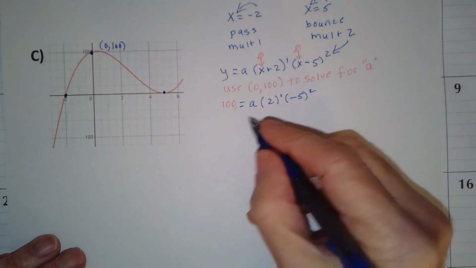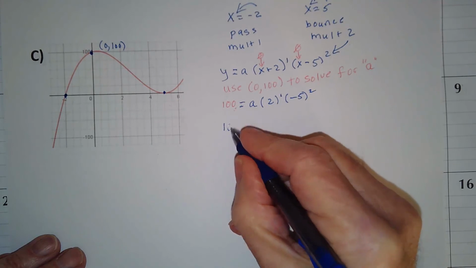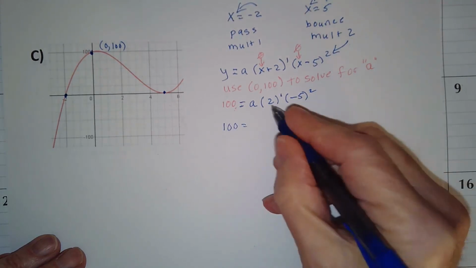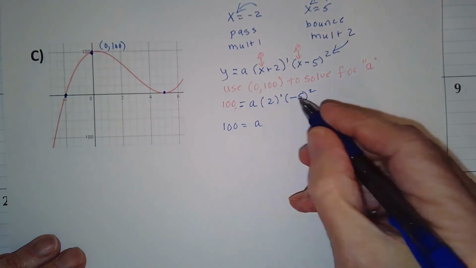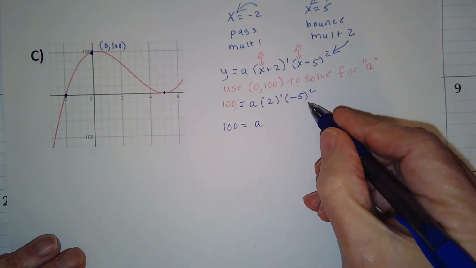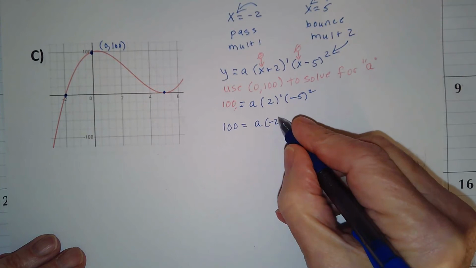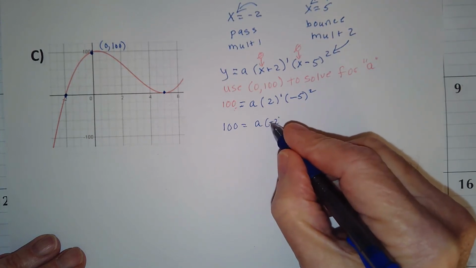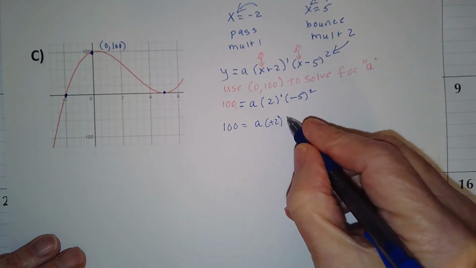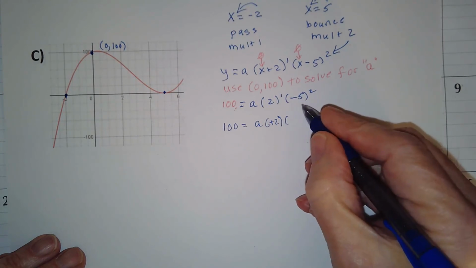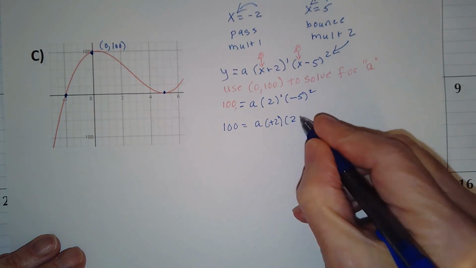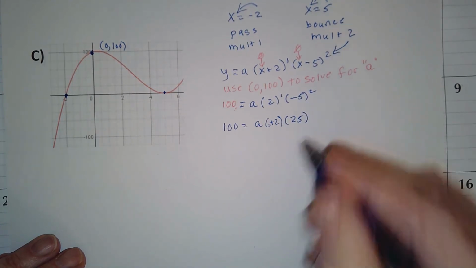All right. So let's simplify now. We have 100 equals a times, this is 2 times, so -2, oops, sorry, +2, times, and this is -5 squared, or 25. Because -5 times -5 is 25.